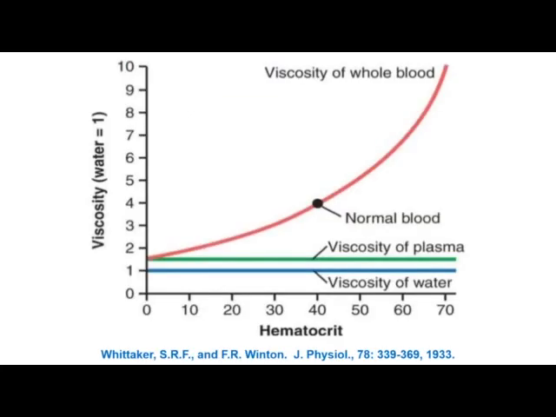This is the effect of hematocrit on viscosity of blood. So water has a viscosity of 1, plasma slightly higher, and then blood increases dramatically as hematocrit increases. It has a viscosity about 4 times normal with a normal hematocrit of 40, but this can increase to up to 10 times normal at high hematocrits of 70.